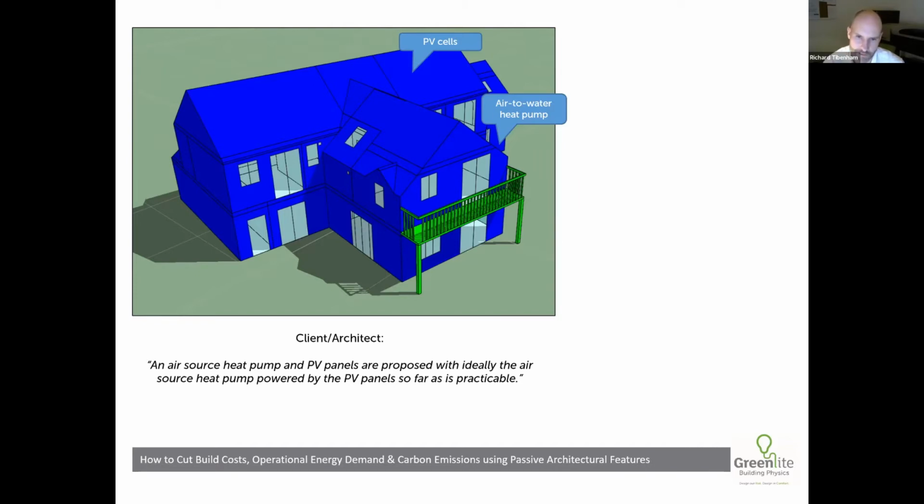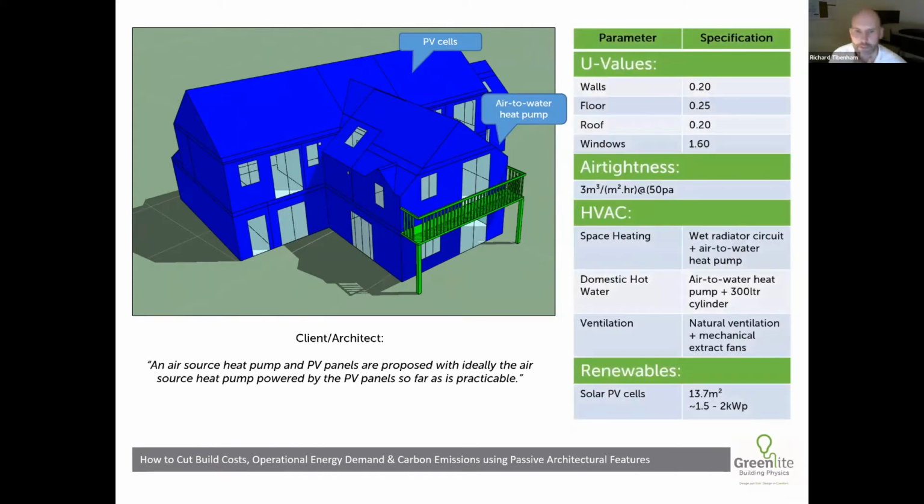Now, obviously, there is some interest in providing energy efficiency, whether that's for cost saving or for green reasons. And I wanted to really demonstrate how the architecture performs against the renewable generation.